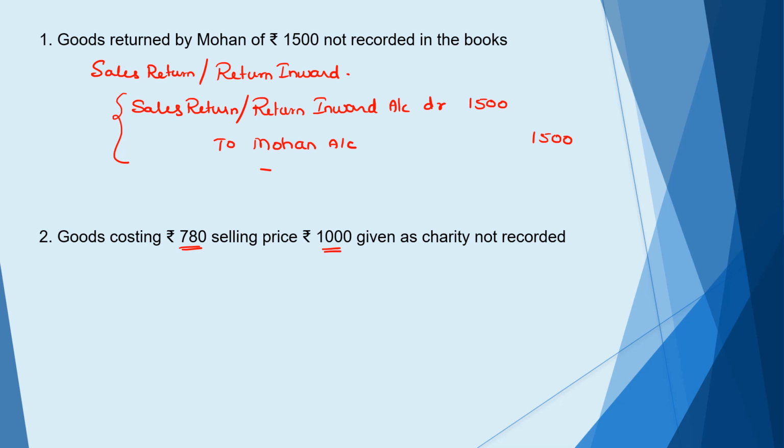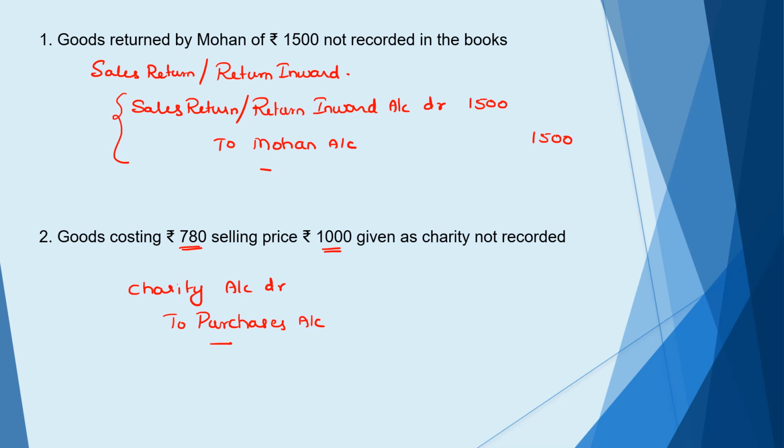That's the rectification. When any goods are given away as charity, we would debit the charity account and we are supposed to credit the purchases account. Now why the purchases account? Because these goods costing 780 would have been purchased by the business and were lying there, supposed to be sold later. As soon as you purchased, you would have debited the purchase account. So these goods costing 780 are lying in the purchase account in the debit.